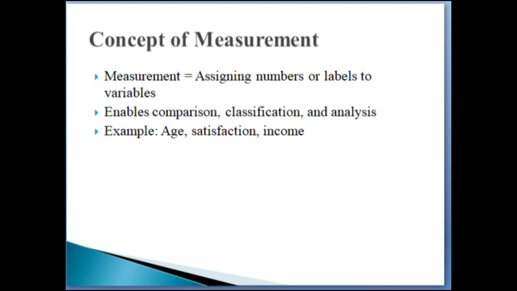Similarly, age is a numeric measurement, while gender may be assigned numbers as labels. The important point here is that not all numbers are the same. Depending on the scale, the numbers might represent just a category, a rank, or a true quantitative value. This distinction leads us to the four primary measurement scales.